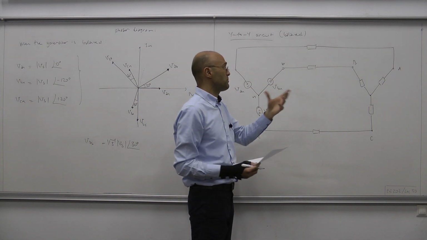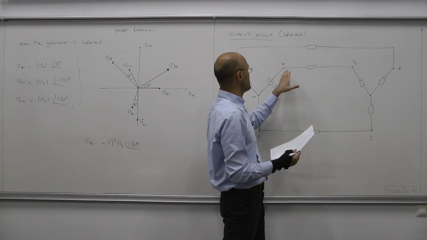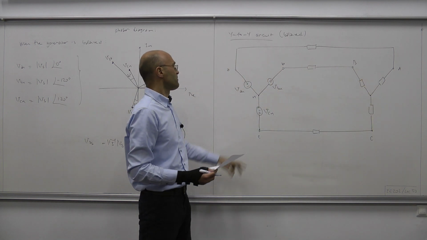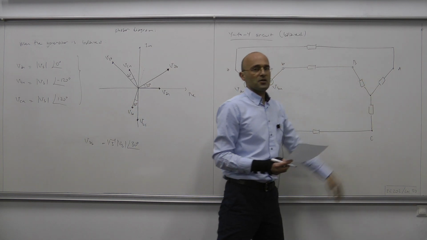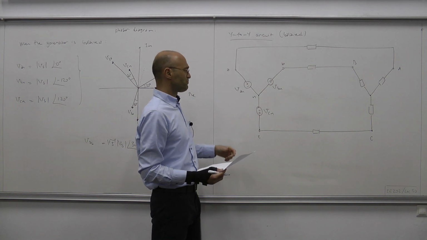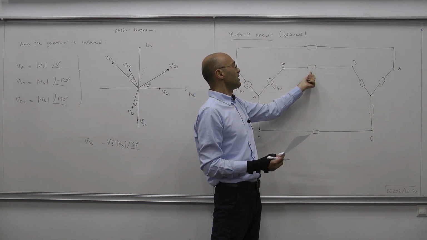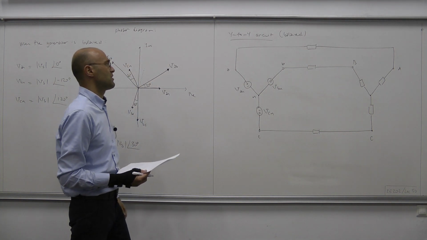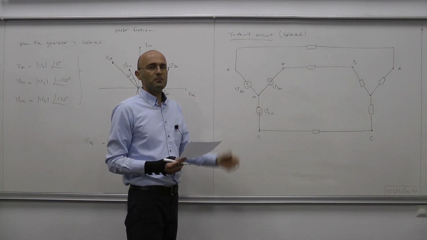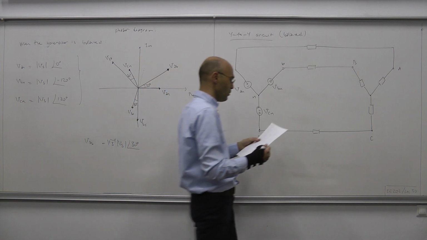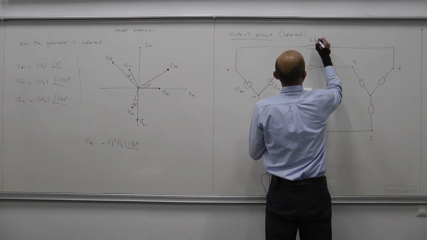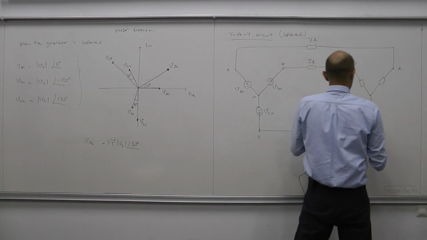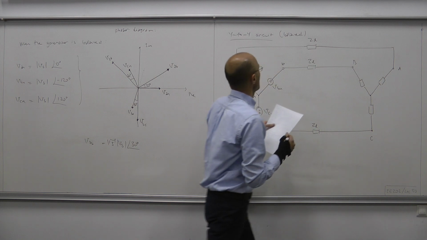Since geographically speaking the distance between the generator and the load, or the producer and the customer, is large, we cannot ignore the impedances of the transmission lines. Therefore, transmission lines are represented by some non-zero impedances, which are called Z lowercase l, Z lowercase l, and Z lowercase l.